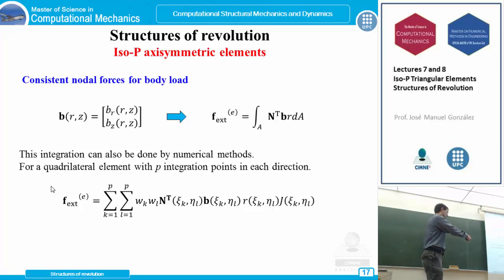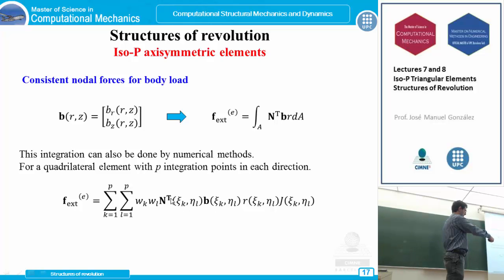For example, for a quadrilateral element with p integration points, we use the same idea, the same development of the numerical quadratures. So we assume that in the two directions we have two summation expressions with two weights, k and l. This is the number of integration points; it could be different, but usually it is the same.